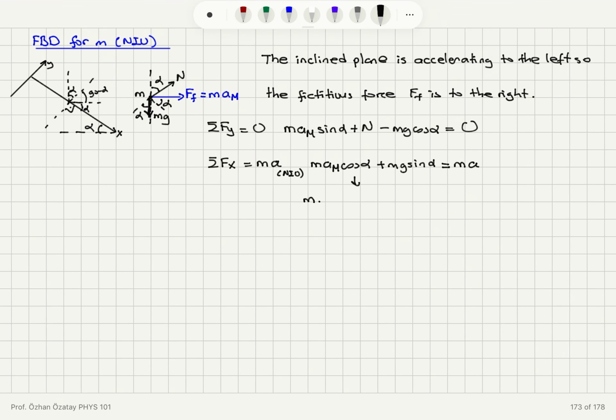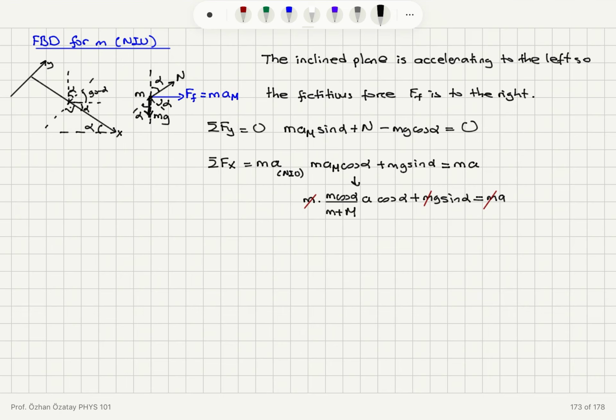So I can take this and plug it here for capital M: m times m cosine alpha divided by m plus capital M, a cosine alpha, plus mg sine alpha equals ma. And you can see there are too many m's here, so one of these m's will disappear.